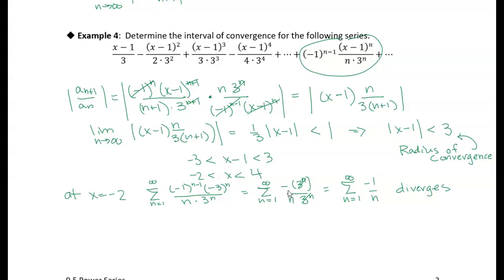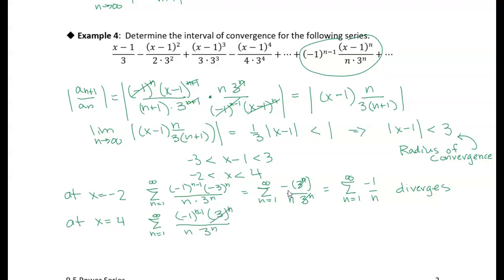All right, so now let's test x is equal to 4. If we plug that into our series, the summation n equals 1 to infinity of (-1)^(n-1) times 3^n, because 4 minus 1 is 3, over n times 3^n. All right, this one's a little simpler.